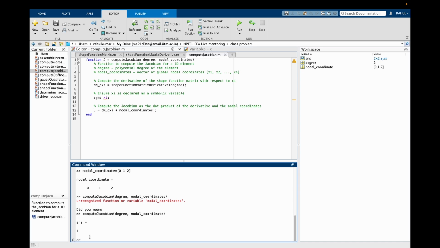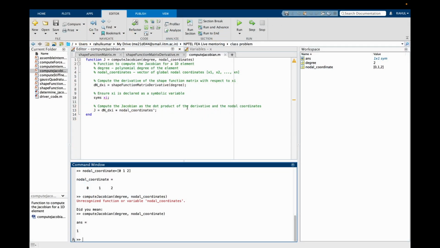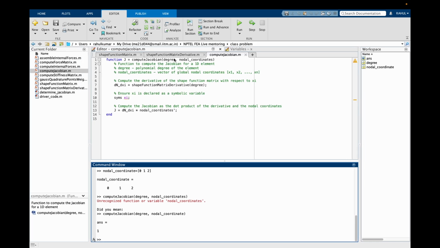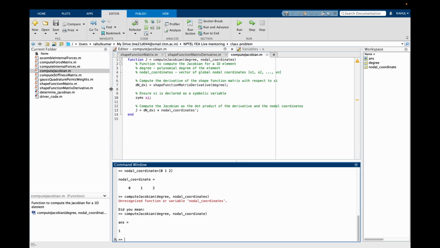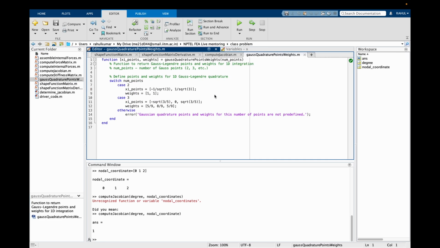Now what is the next task? I have created every function here: shape function matrix done, shape function matrix derivative done, Jacobian done. Now we also have to determine the Gauss quadrature points.